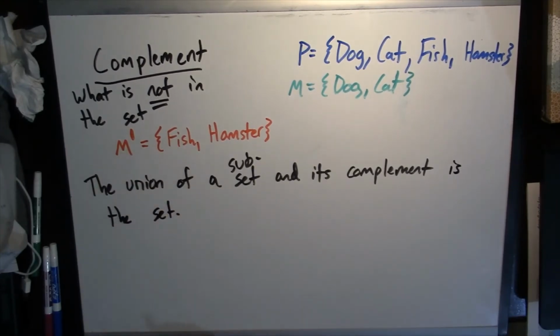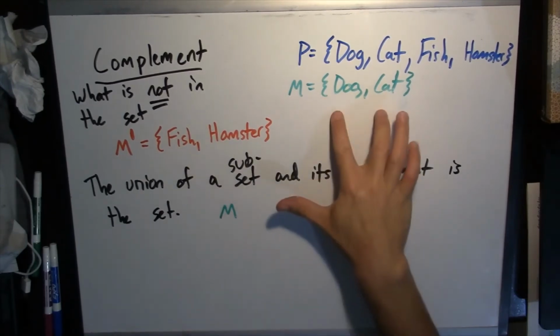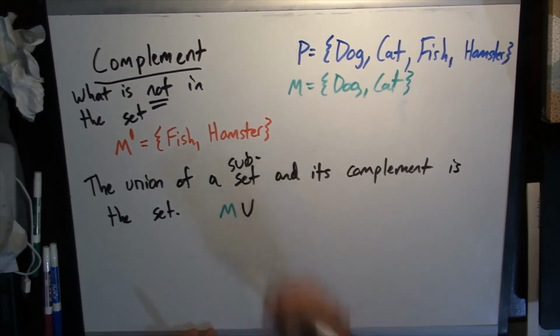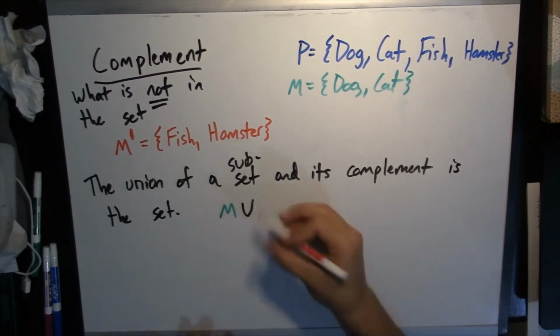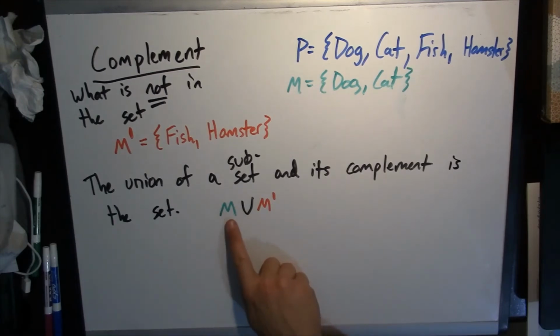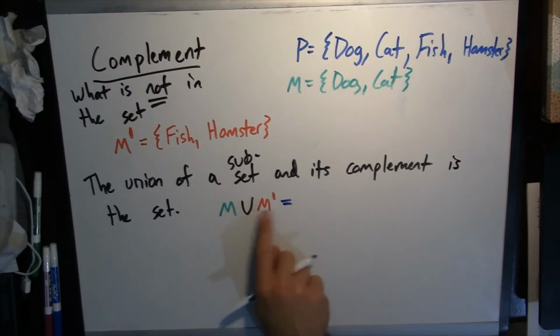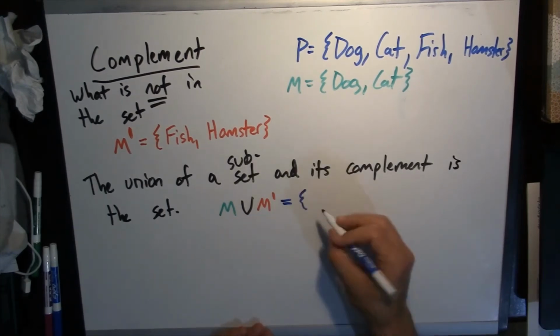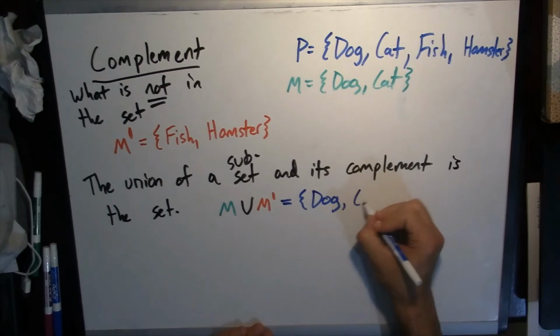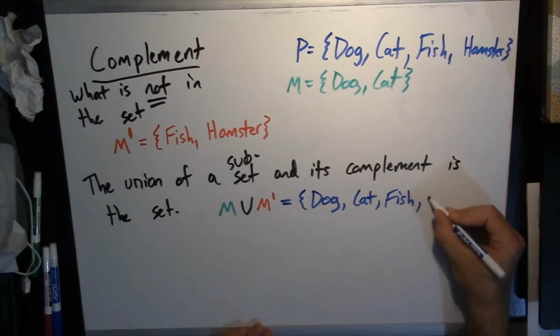In other words, for this one, if we took M, which was dog and cat, and we did union M prime, which was fish and hamster, the complement of M. Remember, union means anything that's in M or in M prime goes into the set. So if we were to take the union of these two, we just combine the two sets together. Well, M has dog and cat, and M prime has fish and hamster.